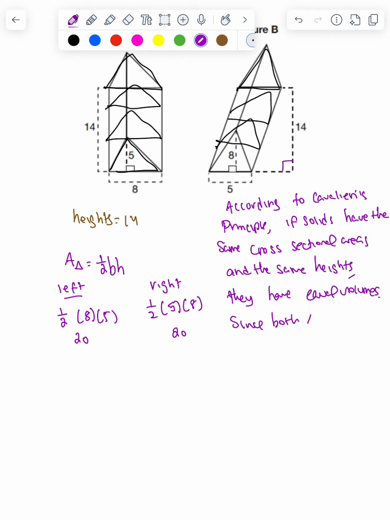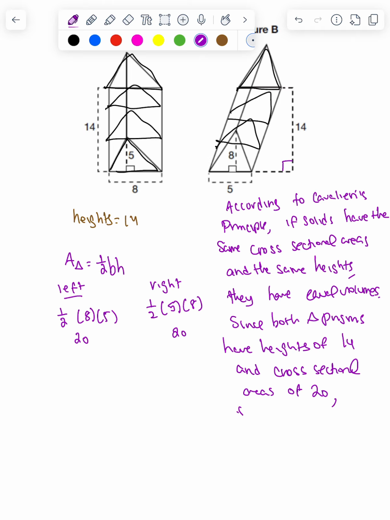Since both triangular prisms have heights of 14 and cross-sectional areas of 20, they have the same volume. And that would be perfect for this question.